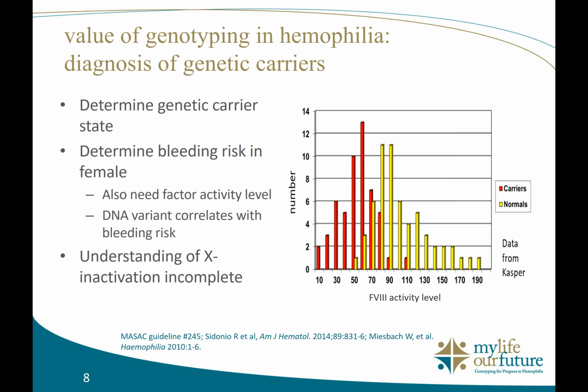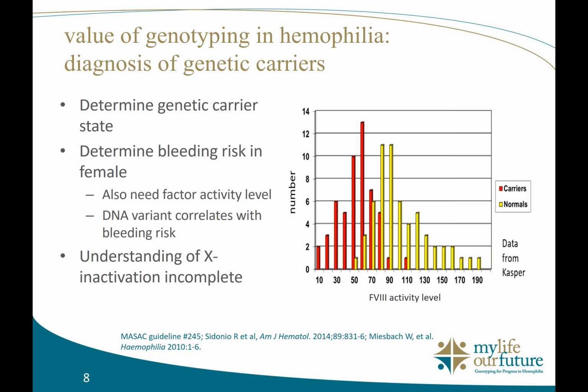Since these are X-linked disorders, we think of X inactivation. So in each cell, one X is inactive, and we think of that being random. But we know that in some families that appears not to be true, and we certainly need more studies to understand that better.